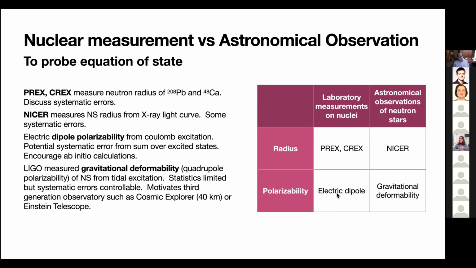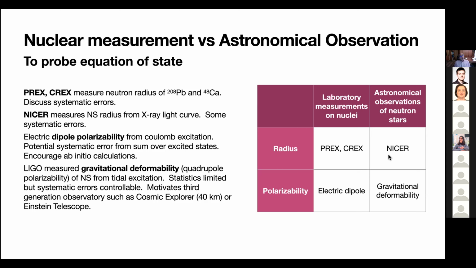Let me briefly mention systematic errors for all four boxes of this little table. I will talk some more towards the end of the talk about systematic errors for CREX. NICER has to model these X-ray light curves.